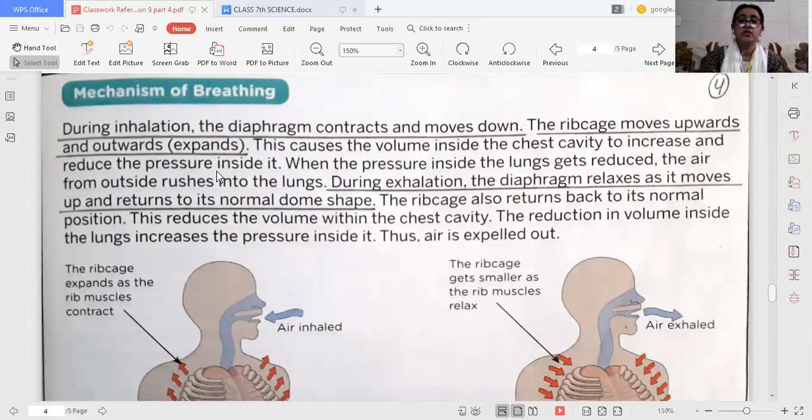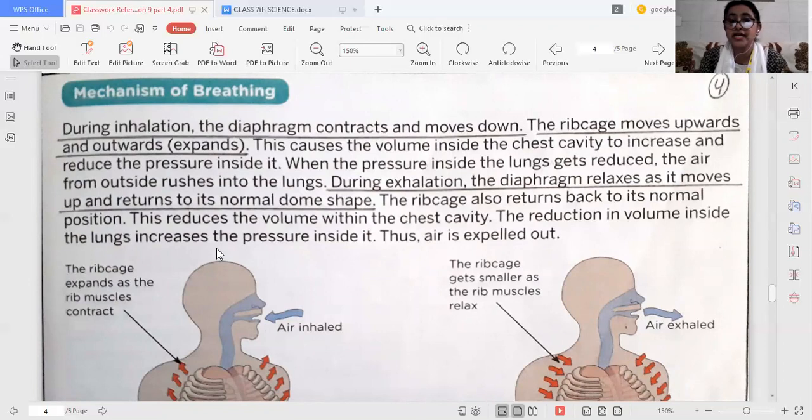Now we will see the mechanism of breathing. Breathing, I told you, is an external respiration, meaning inhalation and exhalation. Now what happens when a person inhales? During inhalation, the diaphragm contracts and moves down, and the rib cage moves upward and outwards. So when this whole process occurs, the volume of the chest cavity increases, and it reduces the pressure inside.